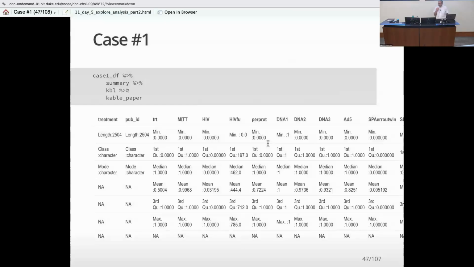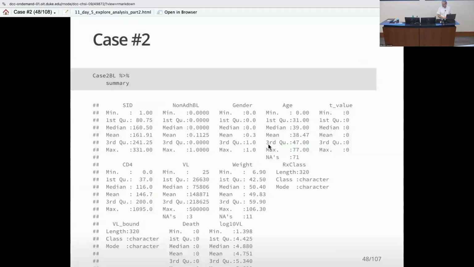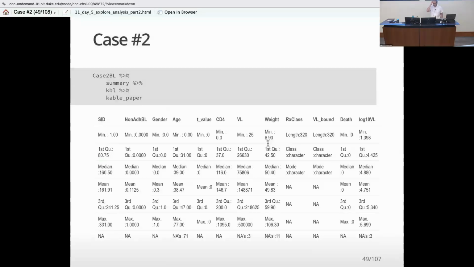And this is what I meant to actually show you. We can get R to make a slightly prettier version of this, but it's the same data. Here's case number 2, and here's the slightly prettier version. So these values are a little bit simpler. This is again the adherence to treatment.